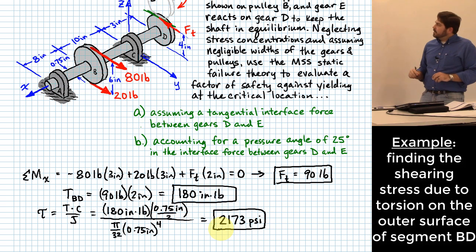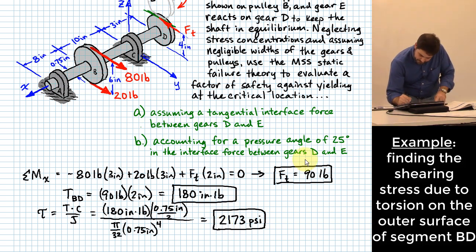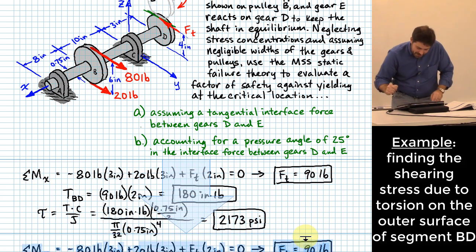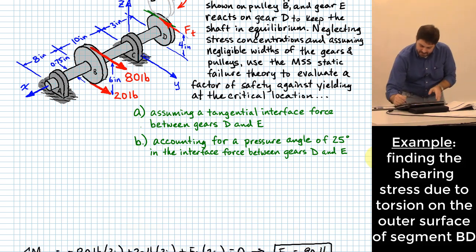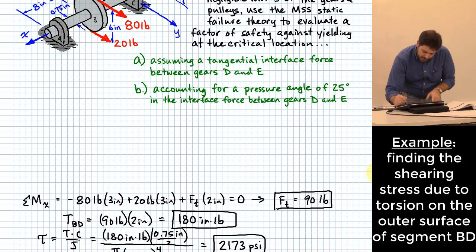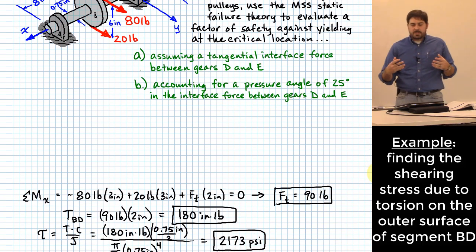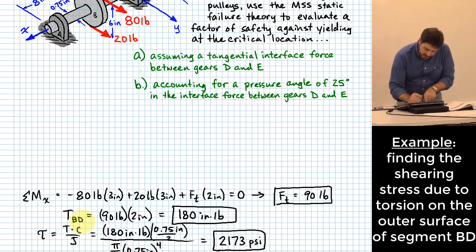All right. That's a nice little warm-up. Is that the hardest part? Someone says probably not. There's probably more. Okay. So we figured out that's one of the ways that stress is induced in this shaft. And it only is induced from B to D. Maybe I'll put that right here.